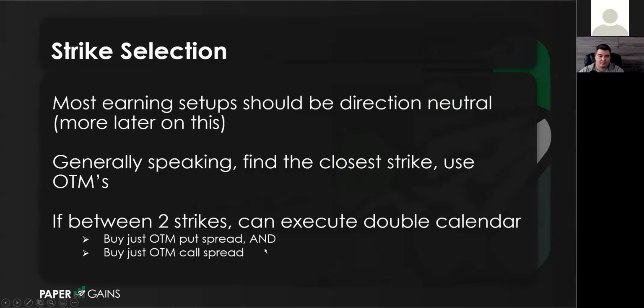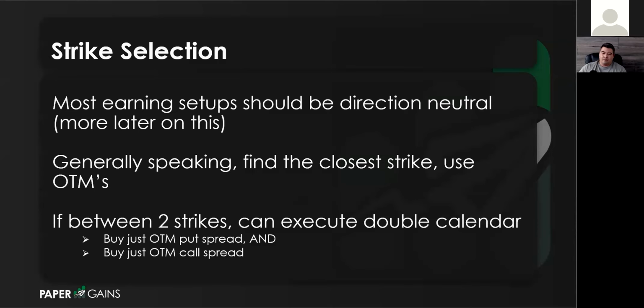Probably never heard of that before. Maybe, I don't know. A double calendar is when the strikes get a little weird and it's sitting in between two strikes. Or maybe we want an even wider range, and we'll put two calendars, one on the upside and one on the downside, a put calendar and a call calendar, and create this really massive pay range. There will be that situation here and there as well.